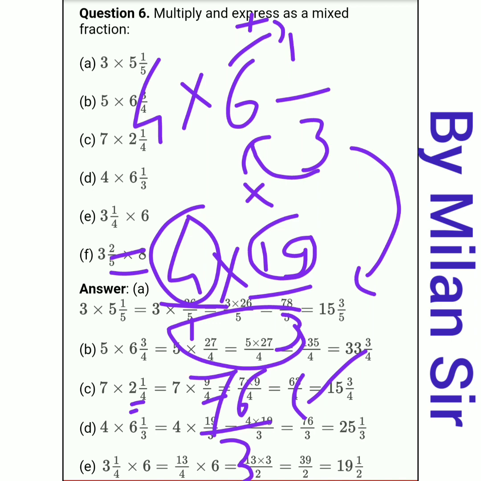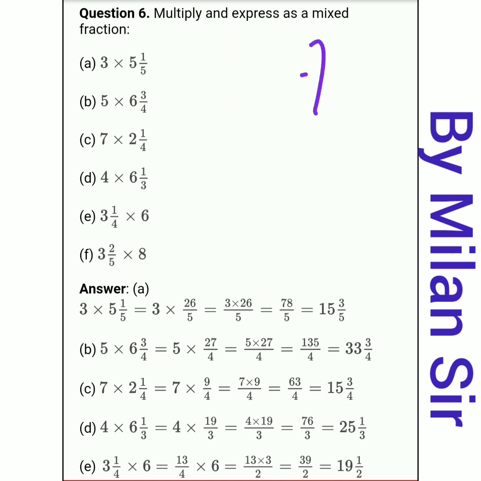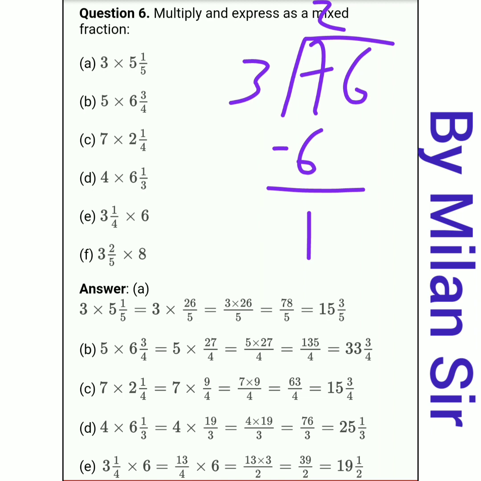Again this is an improper fraction, so we can convert it into a mixed fraction. So just do the division process. 76 by 3, 3 2s are 6, remainder 1, 16, 3 5s are 15, remainder 1.